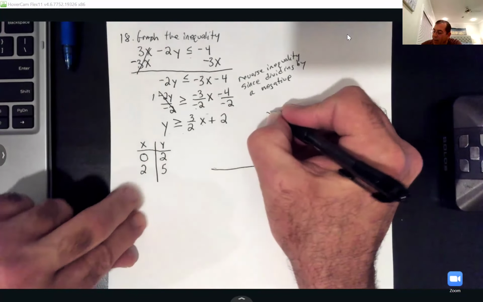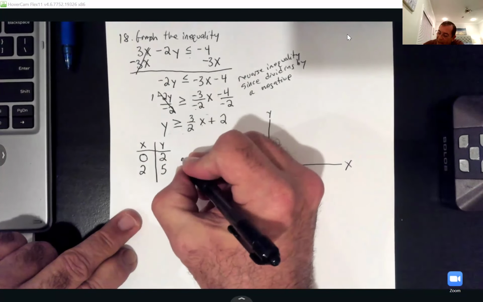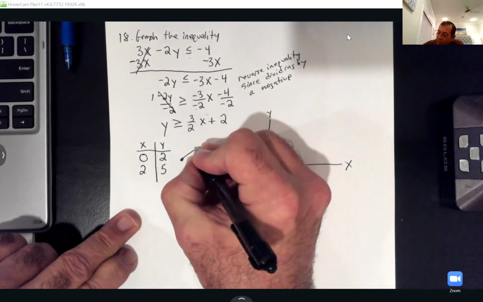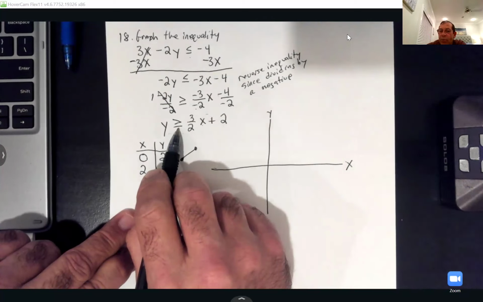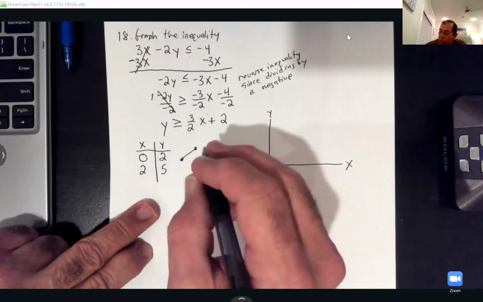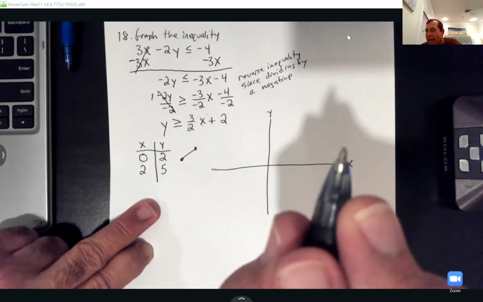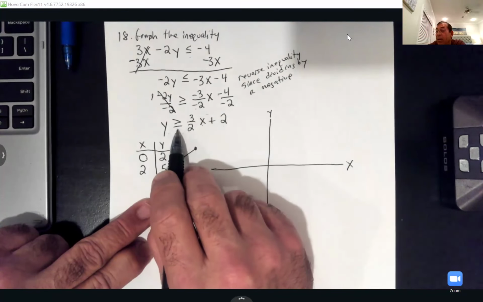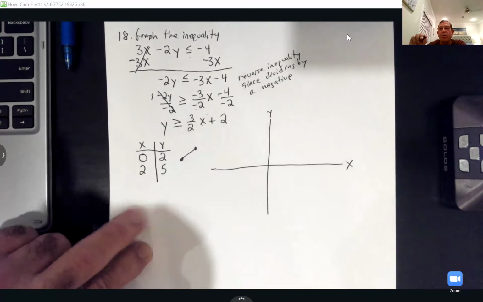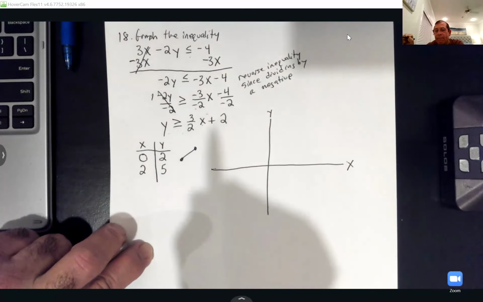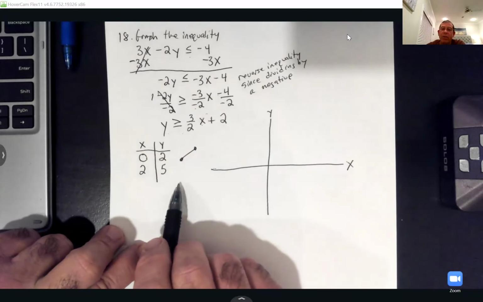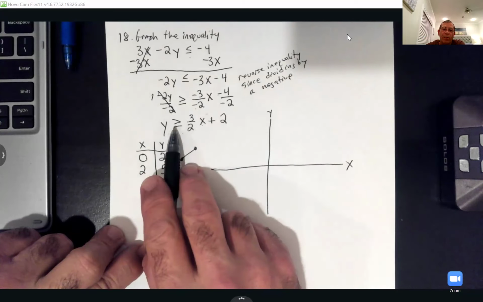Y'all, the first thing, you got to use the line tool. Since that's got an equals under it, you're going to choose the one that's a solid line, okay? If you didn't have equals, then you would use the dotted line, okay? Now, by default, it's on a solid line, so I'm good on this one.